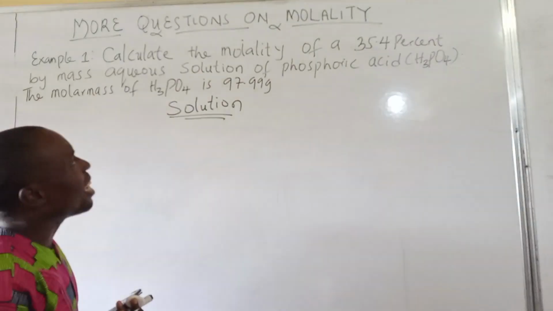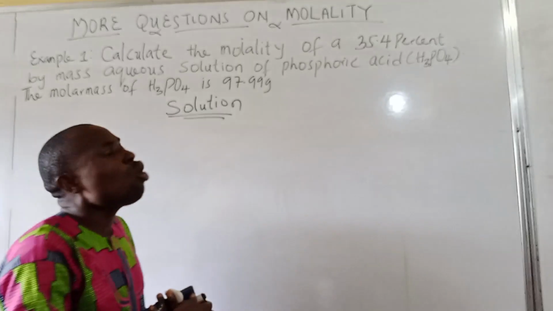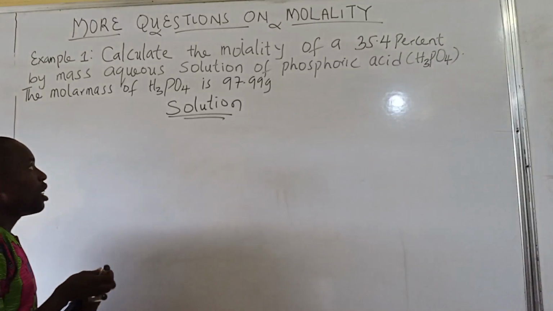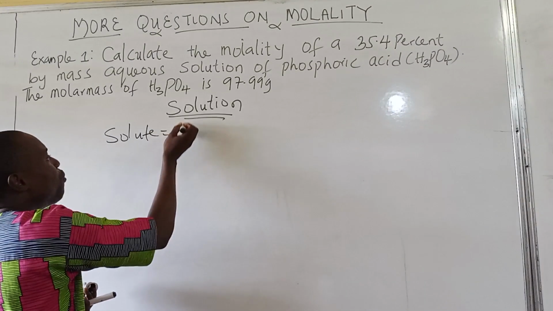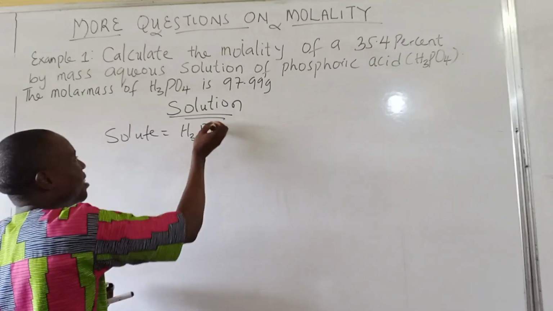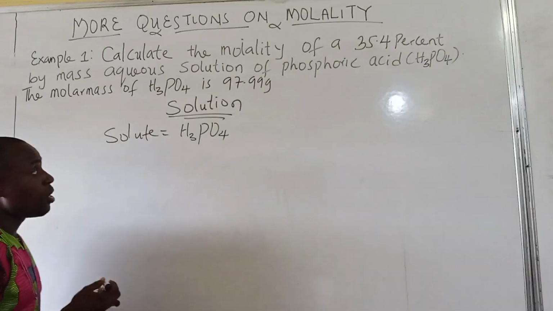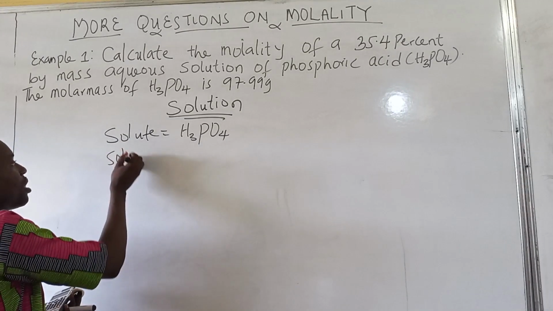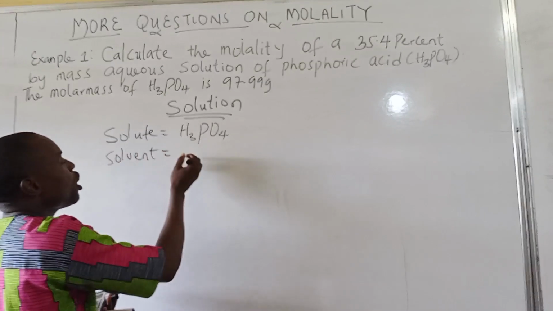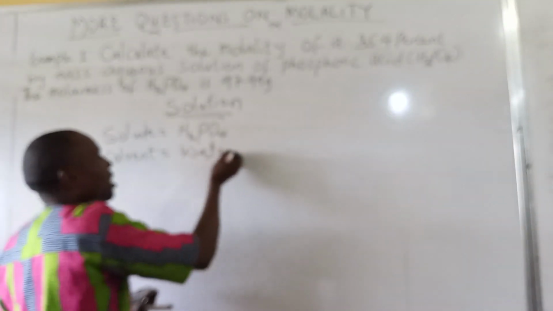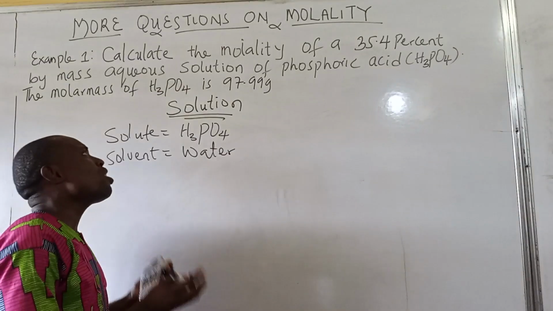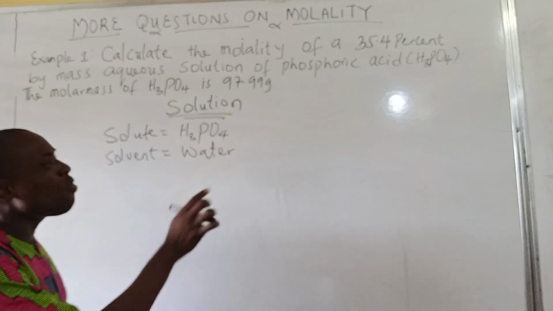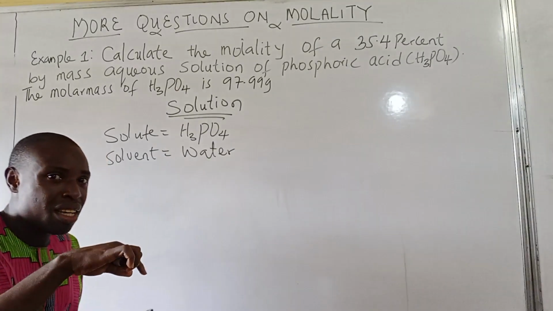We should understand that the solute here is the phosphoric acid, and of course the solvent here is water, giving us that solute plus solvent is equal to solution. The question says calculate the molality of a 35.4% by mass solution.